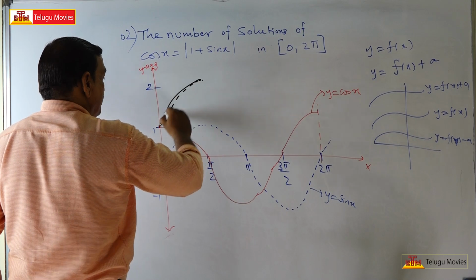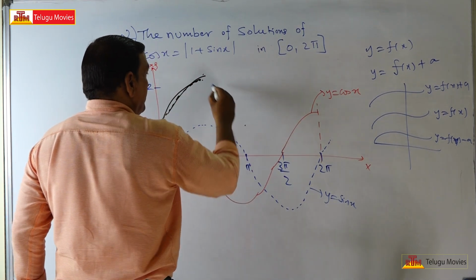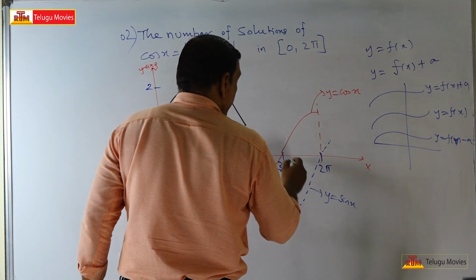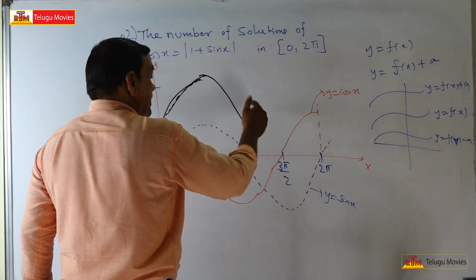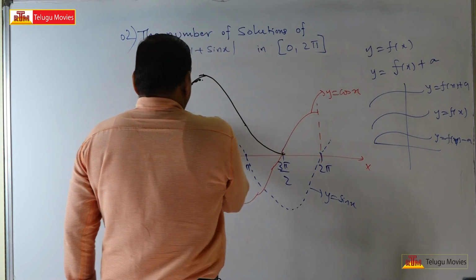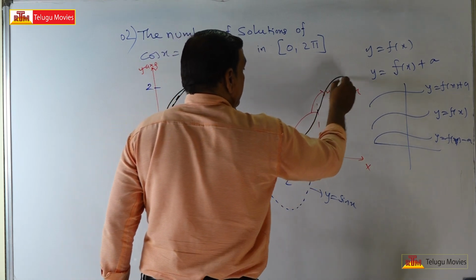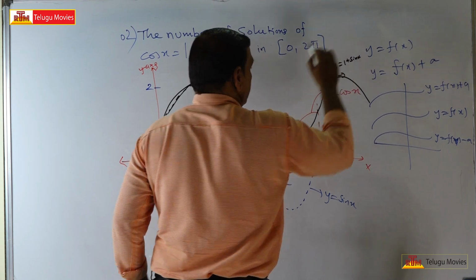Then at 3 pi by 2 it will come up to here. Again it will come here. This is the graph of y is equal to 1 plus sin x.